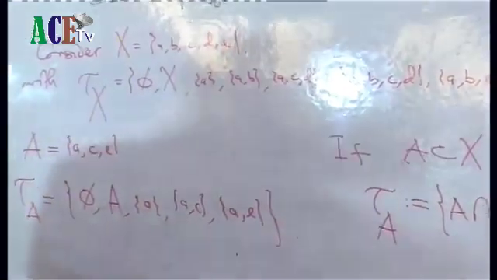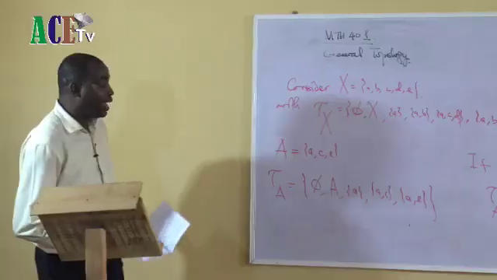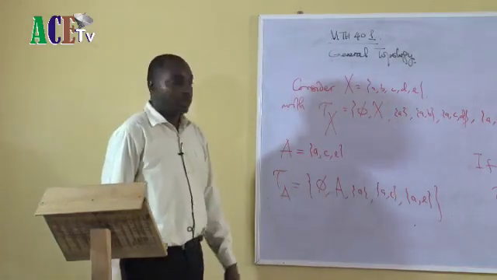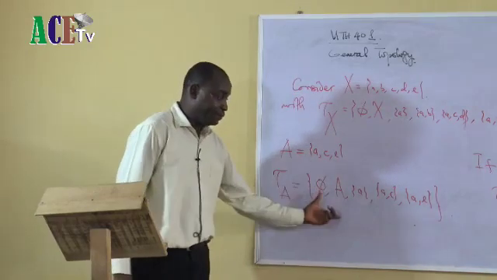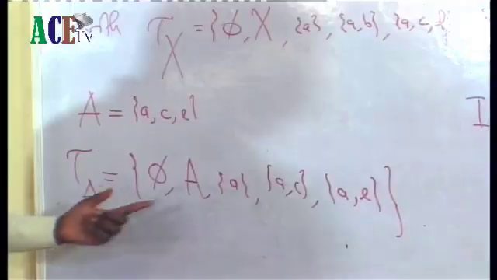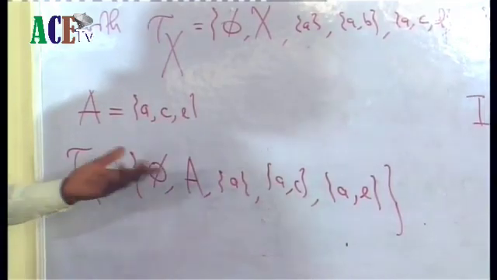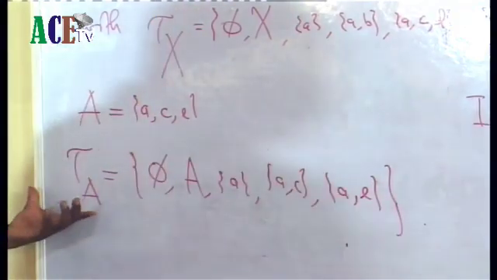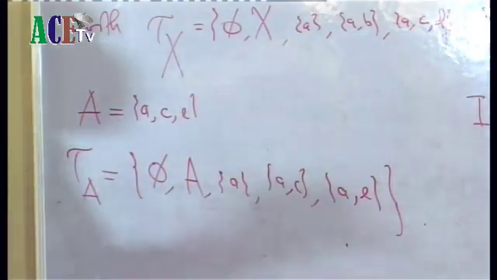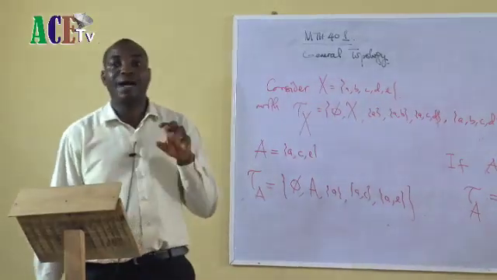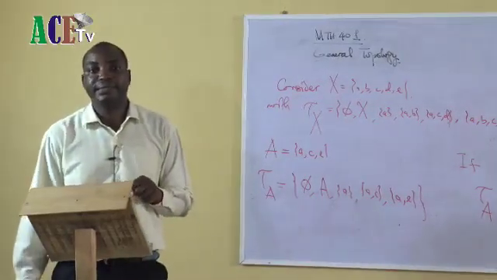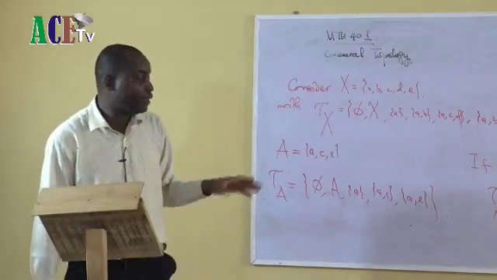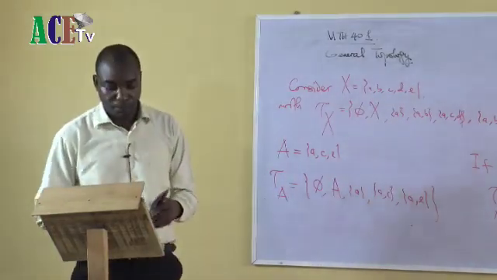You will agree with me that what we have here are all subsets of A. The empty set is a subset of this. A is a subset of itself. A is here, AC is here, and AE is here. So this is a new topology. So you can obtain a new topology from an existing topology. And when you do that, we call that a relative topology or a subspace topology.